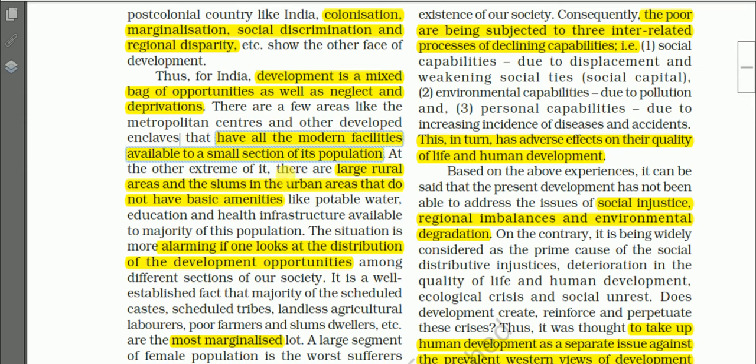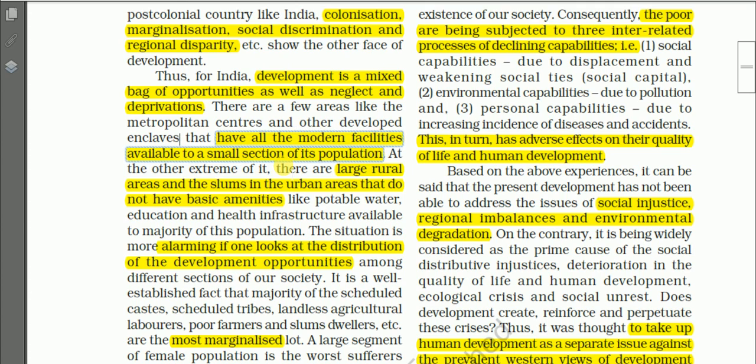But in these small areas of metropolitan cities and developed enclaves, all the modern facilities are available.